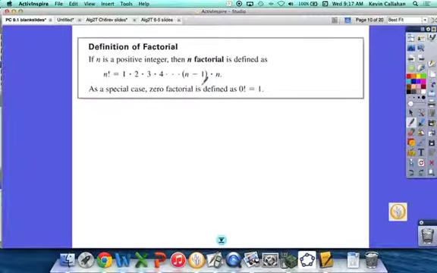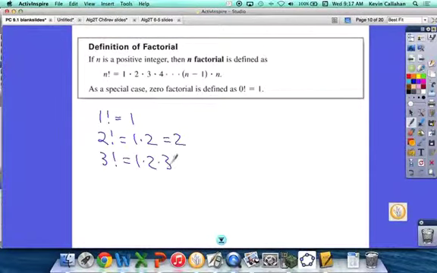So for example, 1 factorial is 1. 2 factorial is 1 times 2, which is 2. 3 factorial is 1 times 2 times 3, which is 6. That's what we mean by factorial.